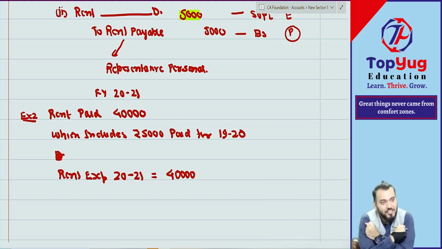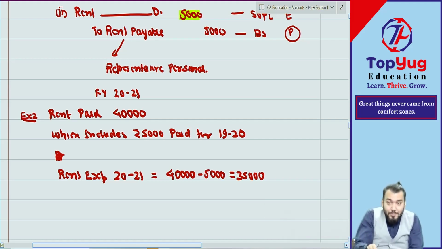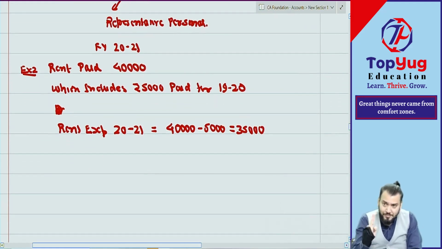Really? Understood. Don't do it so fast, brother, the syllabus will finish early. 40,000 minus 5,000 is equal to what? 35,000. It means expense of 2021 will be recorded in 2021. It will not include any expense of previous year. That should be recorded in the previous year. It means, can I say, everyone?